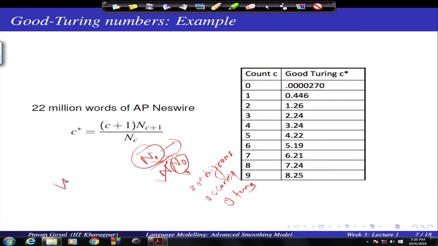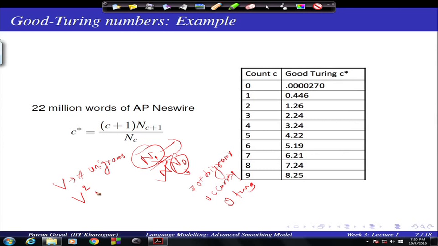Now, if you remember from Shakespeare's corpus, how do we find out how many bigrams did not occur at all? We need to see what my vocabulary size is, what the different unigrams are. Suppose I have a vocabulary size of V. That is my number of unigrams. So how many bigrams are possible? V squared bigrams are possible. How many actually occurred?